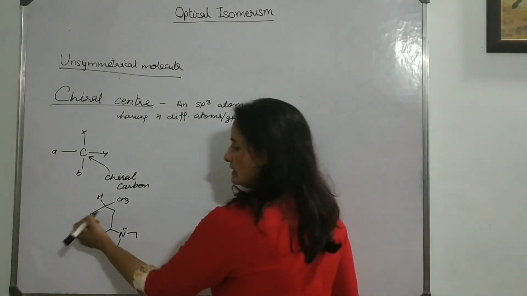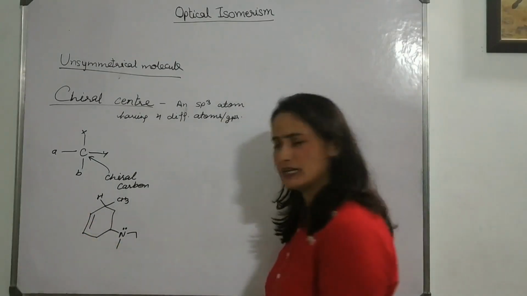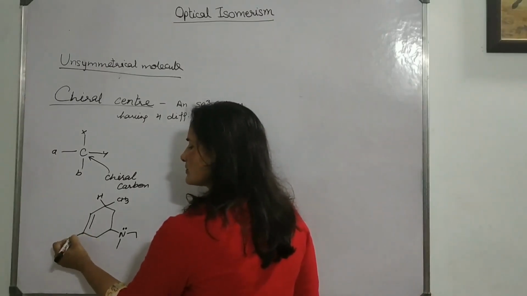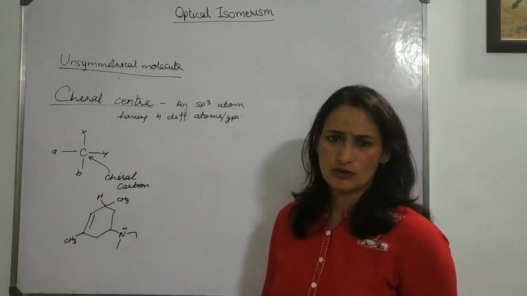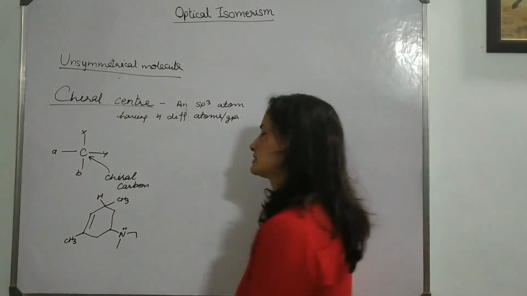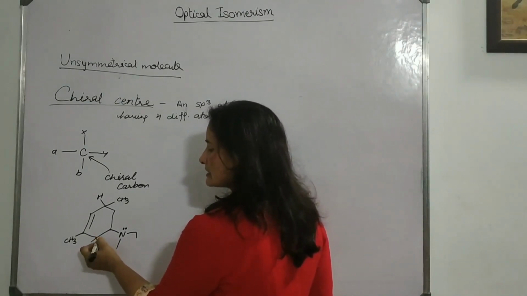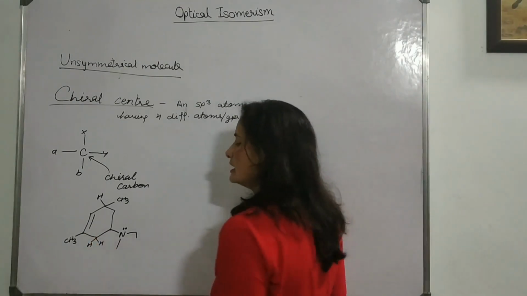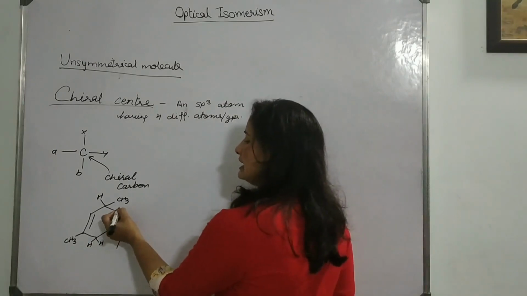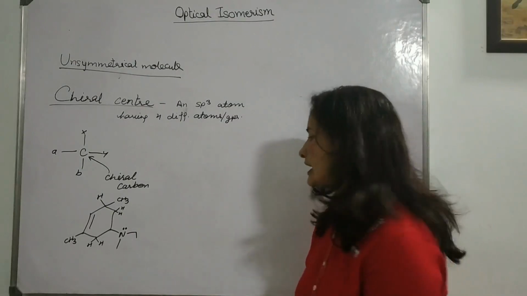For example, in this molecule, this is an sp2 carbon, this one is also an sp2 carbon. So no need to check whether it has substitution as well. It will not show any kind of chirality. I need only sp3 carbons or sp3 atoms. This is sp3, but here 2 hydrogens are present. So out of the 4 bonds, 2 are the same, so no need to check for chirality. Here again it is sp3, but with 2 hydrogens, no chirality.